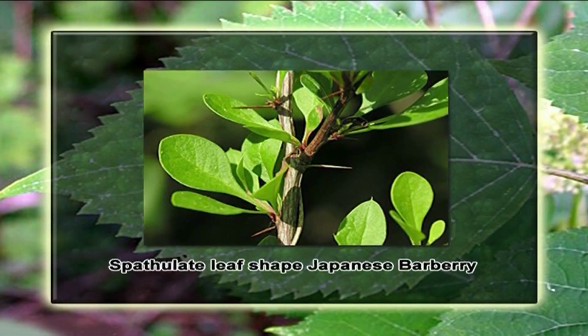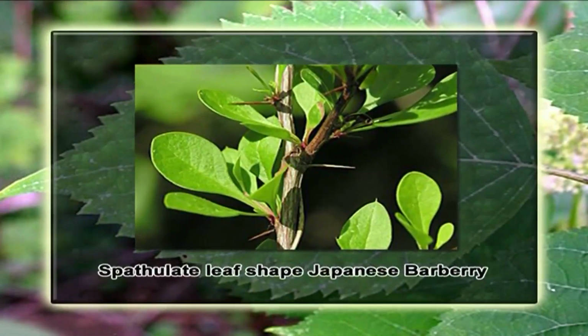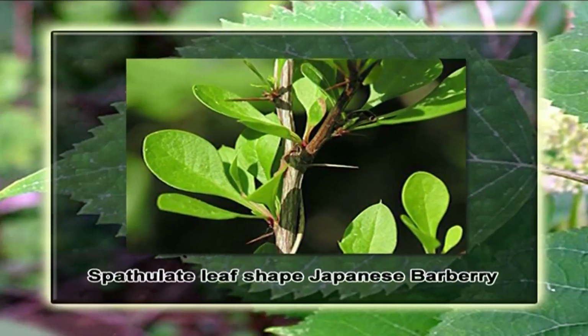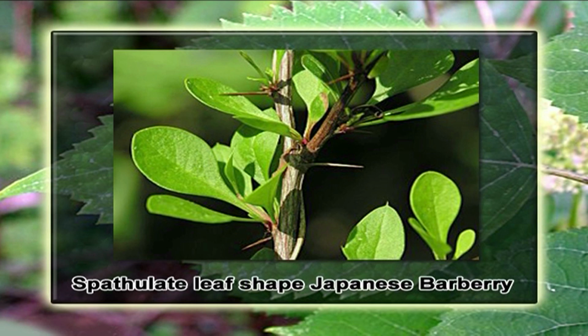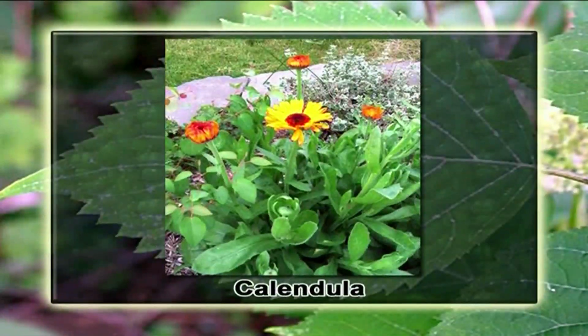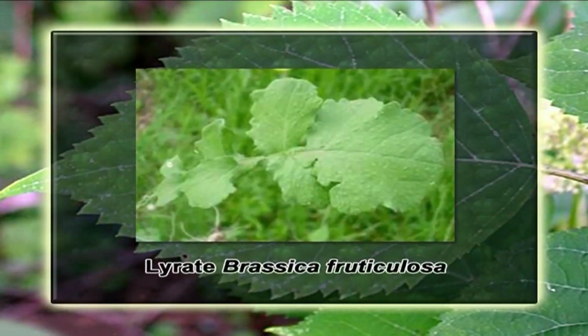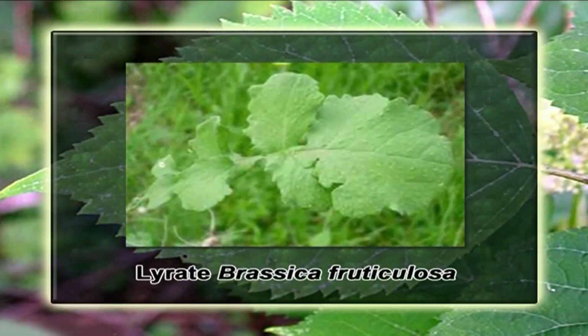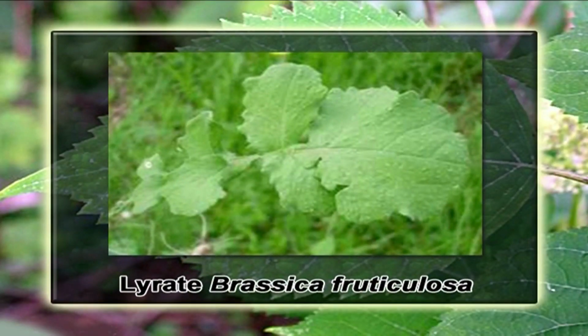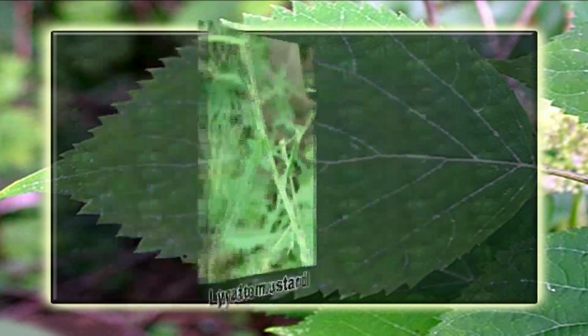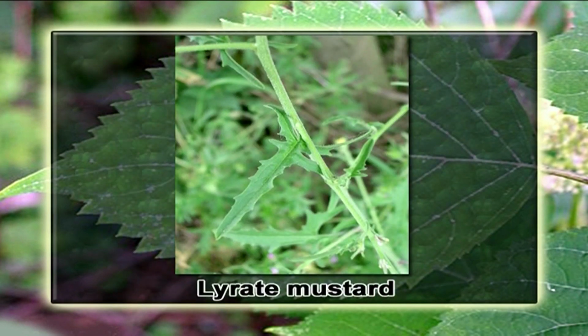Spatulate, spoon-shaped, that's broad and round at the top and narrow towards the base, for example, Japanese barberry, that's Berberis thunbergii, or calendula. Then lyrate, divided into a large terminal lobe and a few smaller lobes, which become gradually smaller towards the base, for example, in Brassica fruticulosa or mustard, etc.